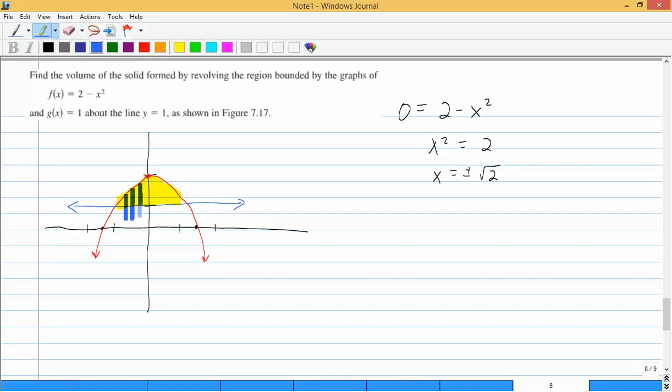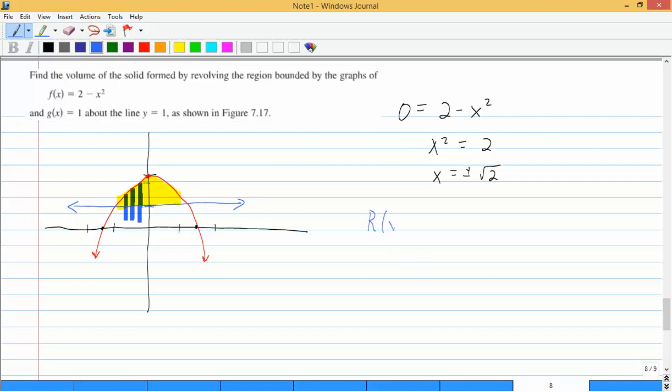So you can see the radius is going to change according to the height of the rectangle. The height of the rectangle is simply the top curve minus the bottom curve. Right? Whatever y value that we get out whenever we're here, so whatever y value we get out here minus the y value here will give us the distance between the two.